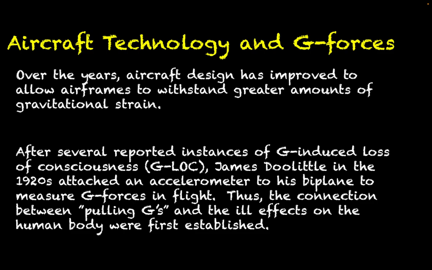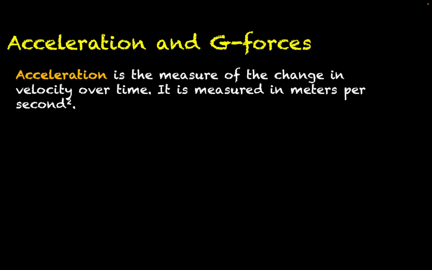So this was kind of the first instance of someone making the connection between flying an airplane and subjecting oneself to these gravitational forces. So this is really the first connection that we made between the idea of pulling G's and the potential ill effects that this could have on the human body and the pilot as the plane is being operated.